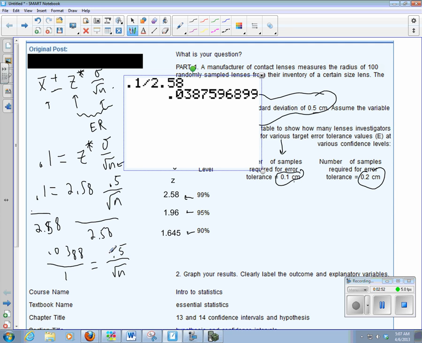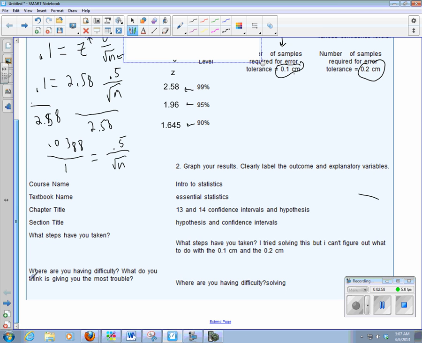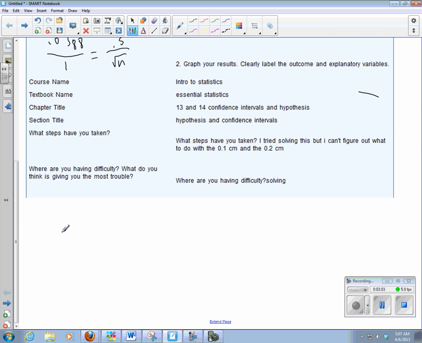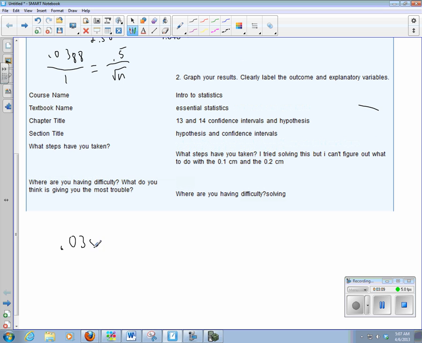So now I've got a proportion, and I can find my cross products. I'm going to cross multiply: 0.0388 times the square root of n equals 0.5. Now it's just some pretty basic algebra. I'm going to divide by 0.0388.